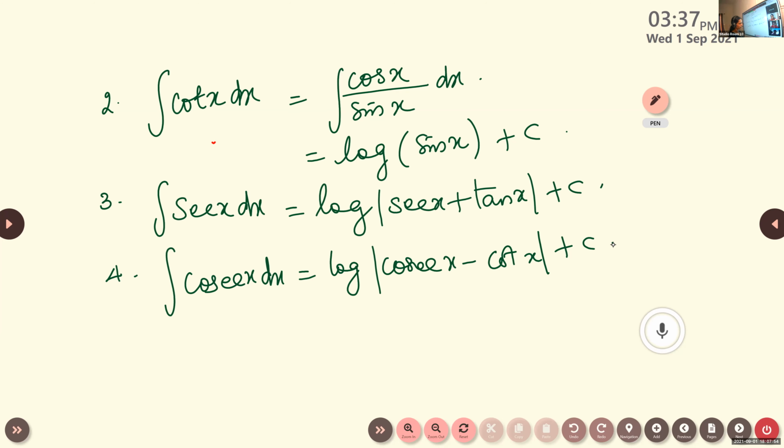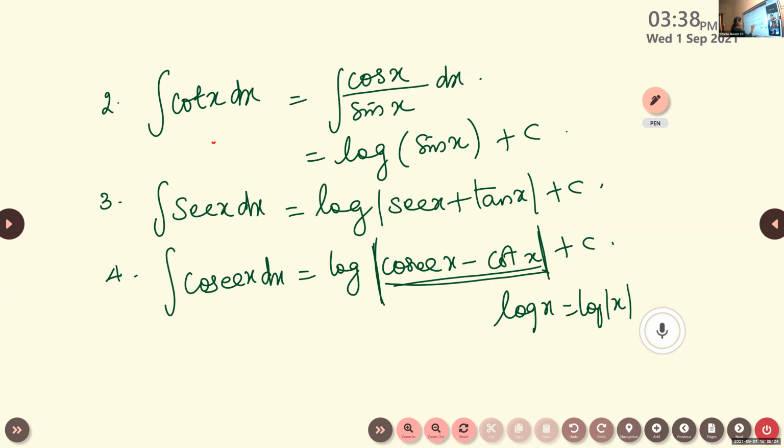Is it clear? No, ma'am. Then why do we have a straight line there? It is modulus. Earlier we discussed, isn't it? If I write log x, it is the same as log of mod x. Here, instead of putting brackets, I wrote modulus because these two terms together come under log.